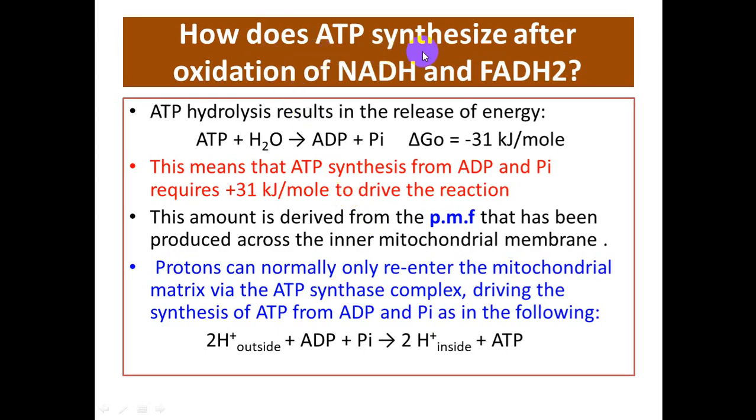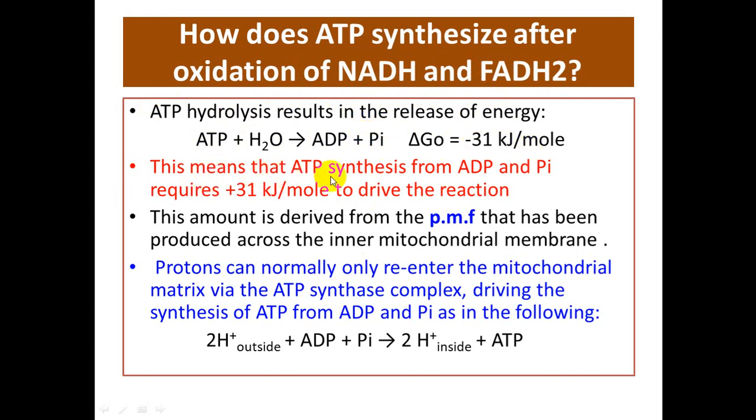How does ATP synthesis occur after oxidation of NADH and FADH2? ATP hydrolysis results in the release of energy. إذا التحلل لـ ATP adenosine triphosphate راح ينطينا طاقة على شكل pyrophosphate.